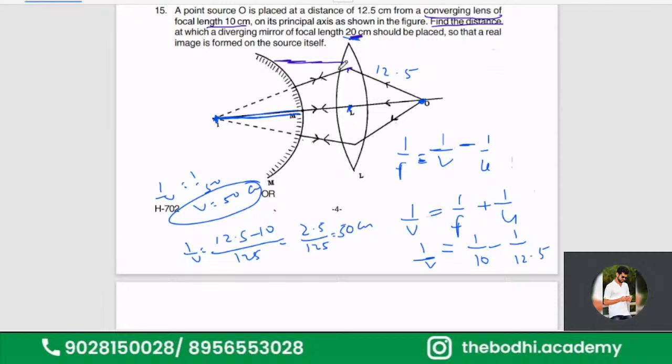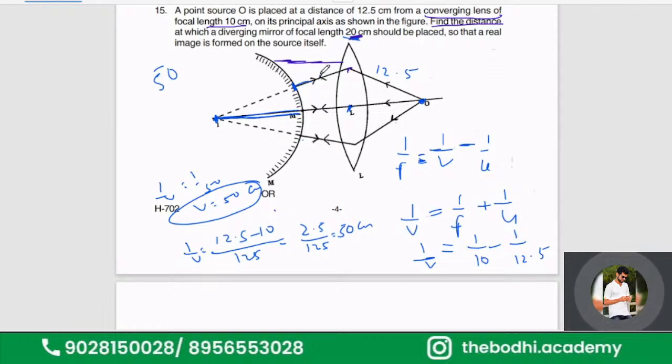That is my image of the lens. Now, the image has to coincide with the object, and the light will fall exactly perpendicular. Can you see the diagram? It is falling exactly perpendicular to the surface.